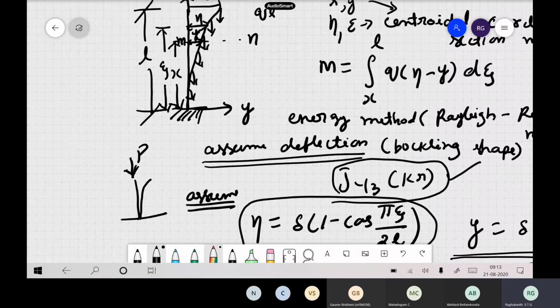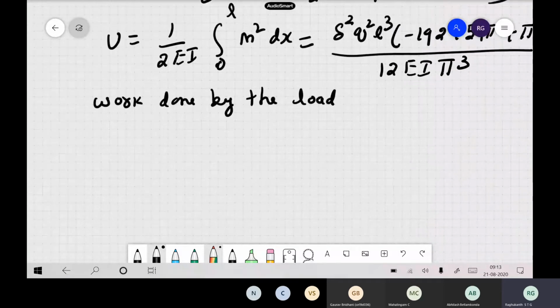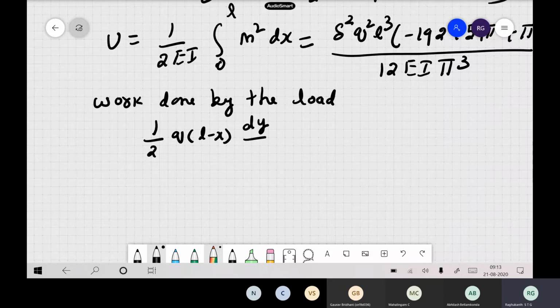So if you take a section Mn and want to calculate the work done by this load, this becomes half q into L minus x, dy by dx whole square into dx, the work done by the distributed load above the section Mn.